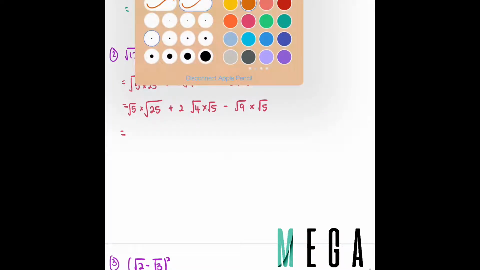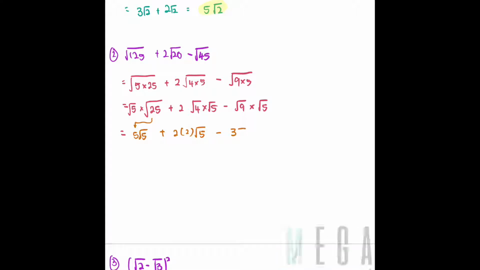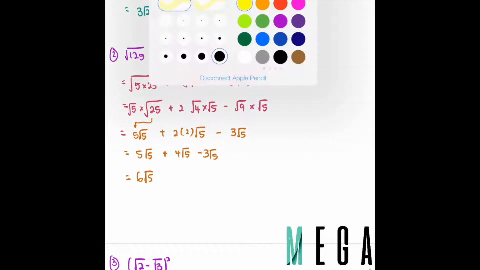When you simplify surd 25, you will get 5 and you remain with surd 5 outside. And surd 4, you will get 2 multiplied by surd 5, minus surd 9, you will get 3 surd 5. So the answer will be 5 surd 5 plus 4 surd 5 minus 3 surd 5. So your answer will be 6 surd 5. Done. That is your final answer.